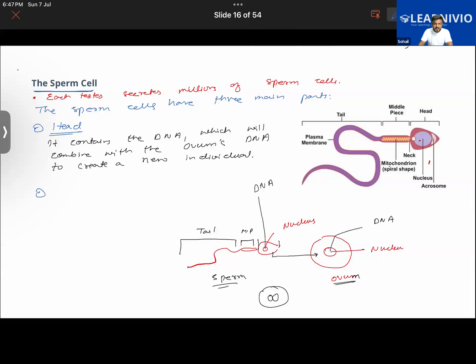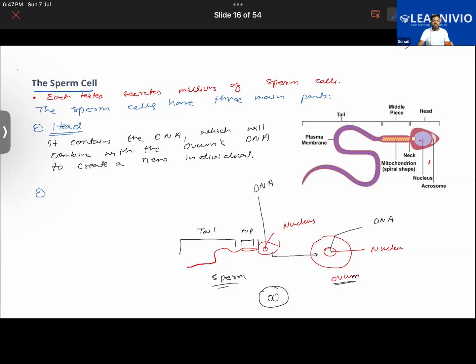Now look at the mid piece. The mid piece will contain mitochondria. Also, it has a spiral shape. The mid piece contains mitochondria that will provide energy for the sperm to move. So what do we know about mitochondria? We know that mitochondria are the powerhouse of the cell, right?